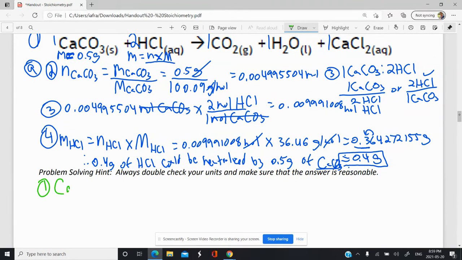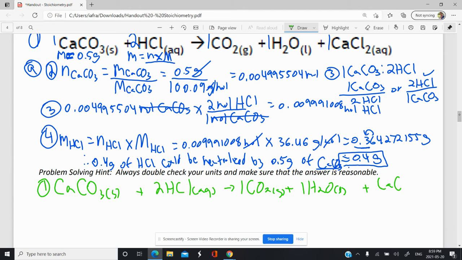And we're going to use some of the information we already used over there. So CaCO3 solid plus 2HCl aq produces 1 CO2 plus 1 H2O. This is gas. This is liquid plus aqueous calcium chloride. Aqueous there. Okay.